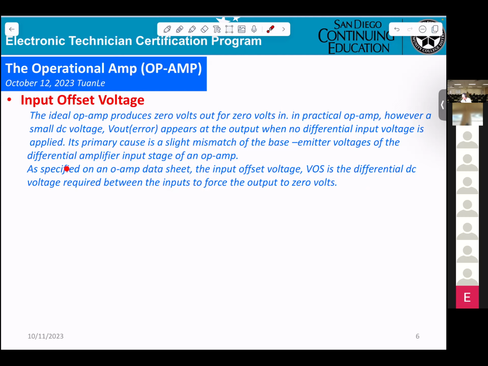As specified on the op-amp datasheet, the input offset voltage VOS is the differential DC voltage required between the inputs to force the output to 0 volt.